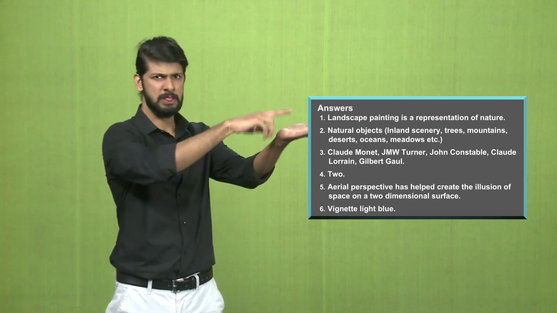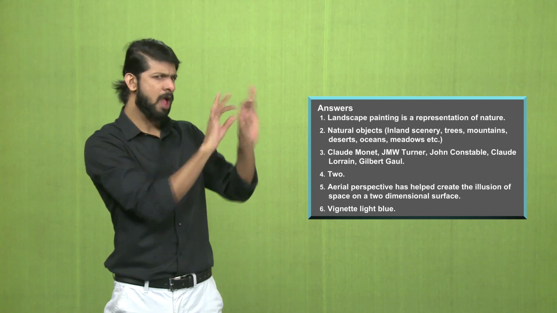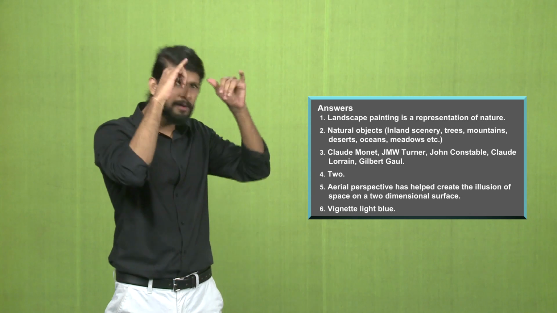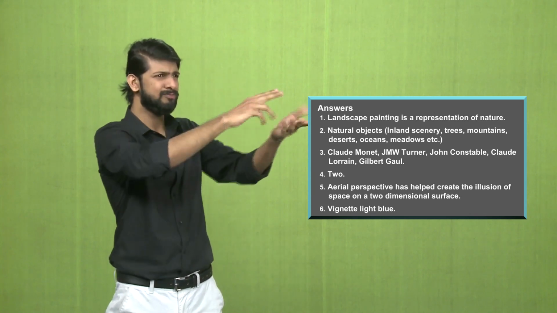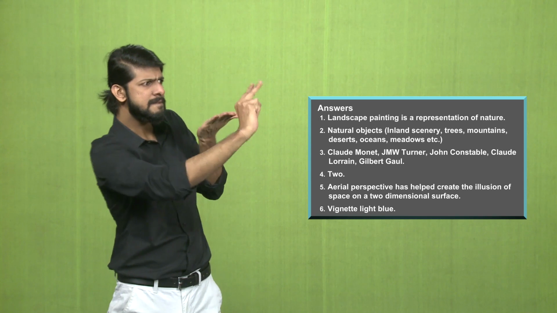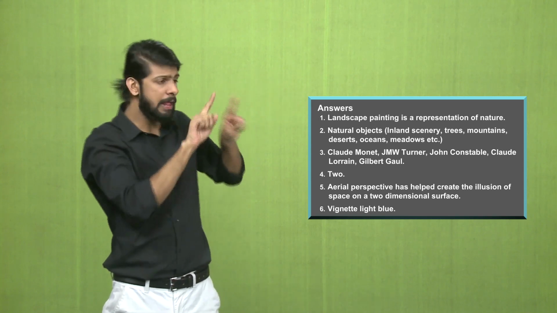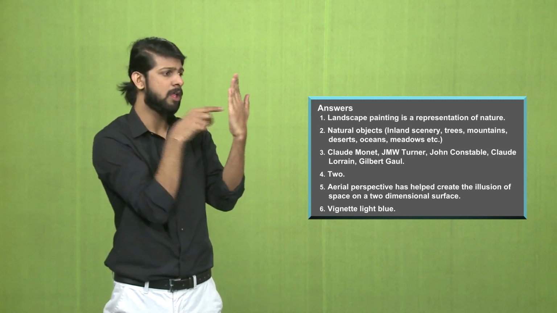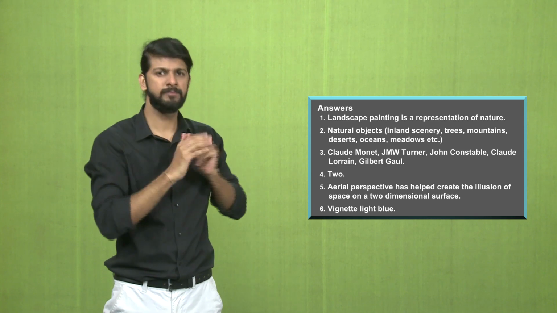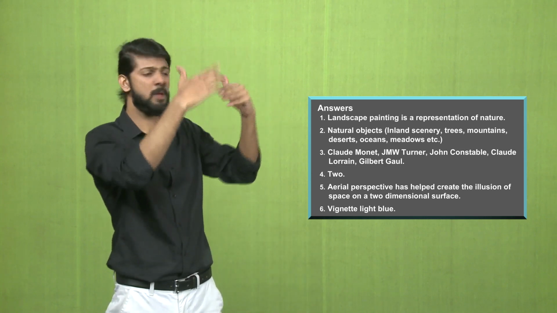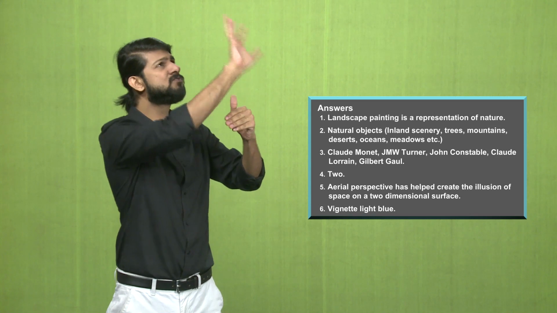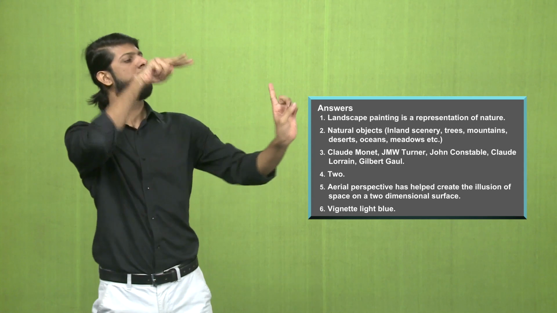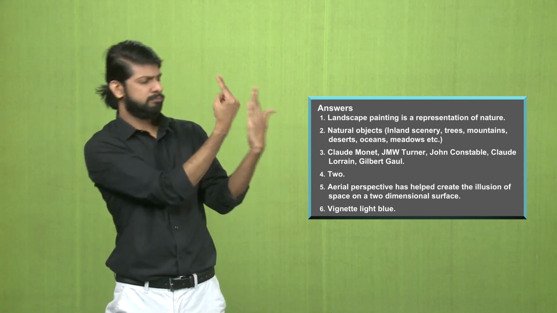Answer number 5. The aerial perspective. In a landscape, when you are trying to depict a natural scenery, you are depicting space or depth on a 2D surface. Paper has only length and width, but the artist, by depicting the huge trees, besides which you see the cottage, behind which are the woods, and then in the background there is a light sky.